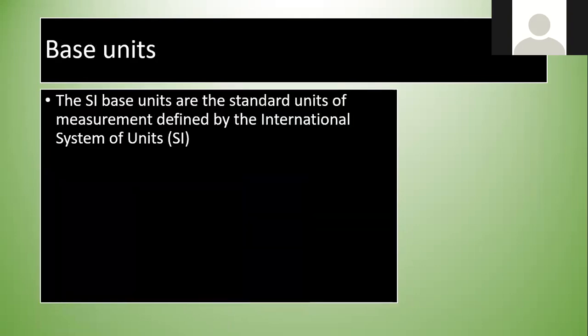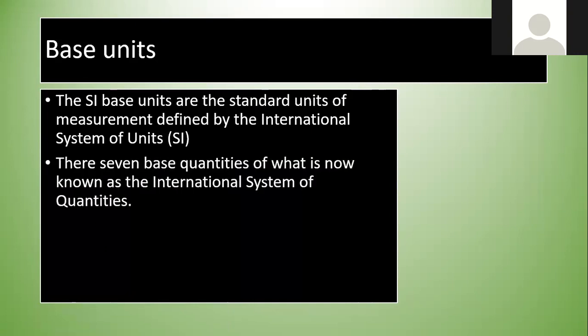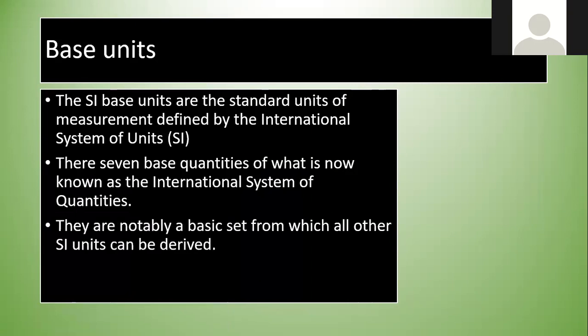Base units: SI base units are standard units of measurement defined by the international system of units. There are 7 quantities of what is now known as the international system of quantities. Right? 7 base units, 7 base quantities.